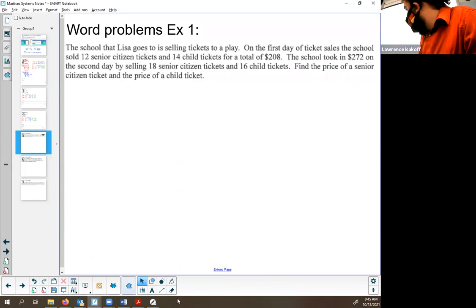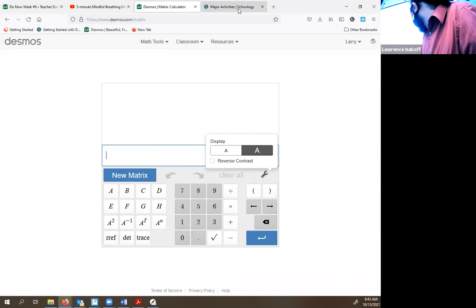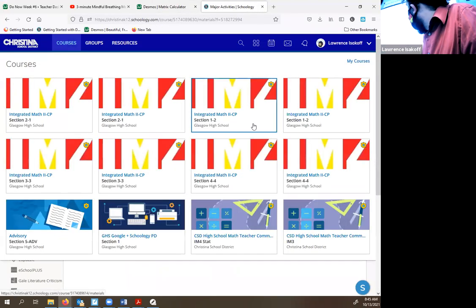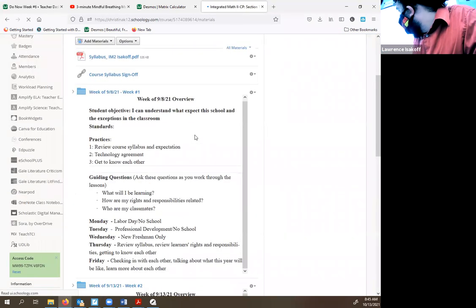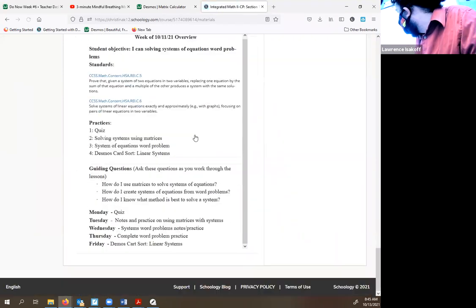Again, I do want to show where this is located because this might be a little easier to read off of Schoology. So again, we're in block 2. If I scroll down to week 6, it's the week we're in.